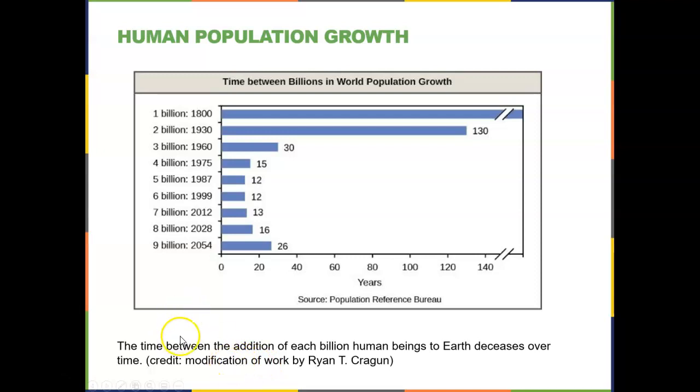And what we're seeing is that we are probably decreasing the rate at which humans are having children, and therefore we're slowing down our population growth rate. It's taking a little bit longer for us to get to the next billion. But we're not getting anywhere near this amount of time. But we are kind of leveling off a little bit from the last century.